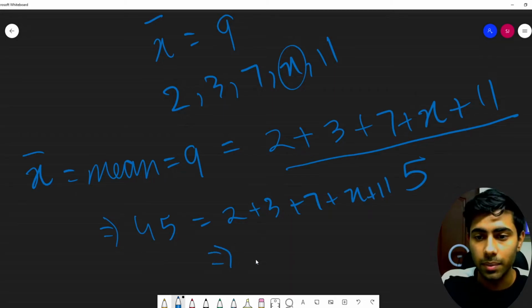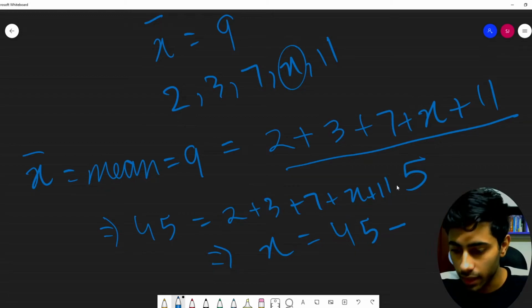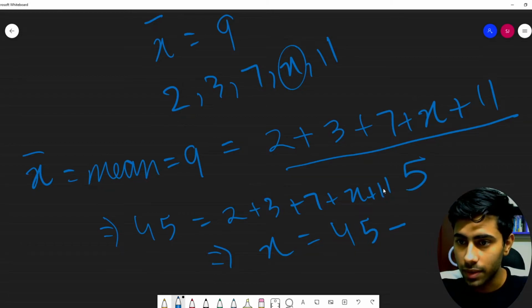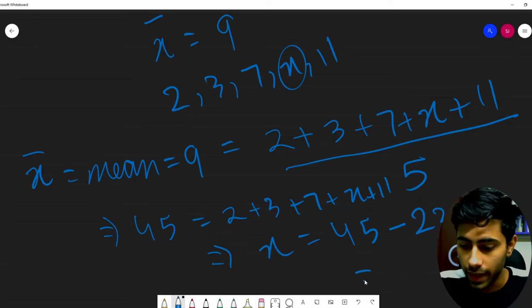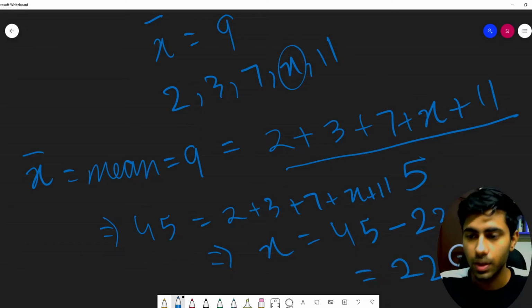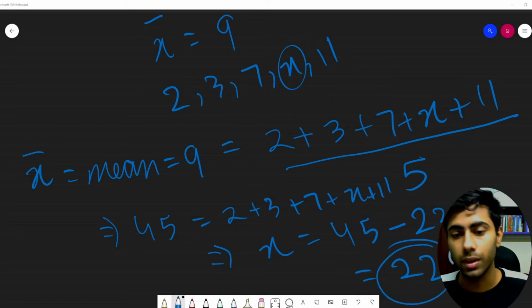This implies that x is equal to 45 minus (2 plus 3 is 5, 5 plus 7 is 12, 12 plus 11 is 23), therefore I get 22. So my x is coming out to be 22. So this is how you can solve type 1 questions.